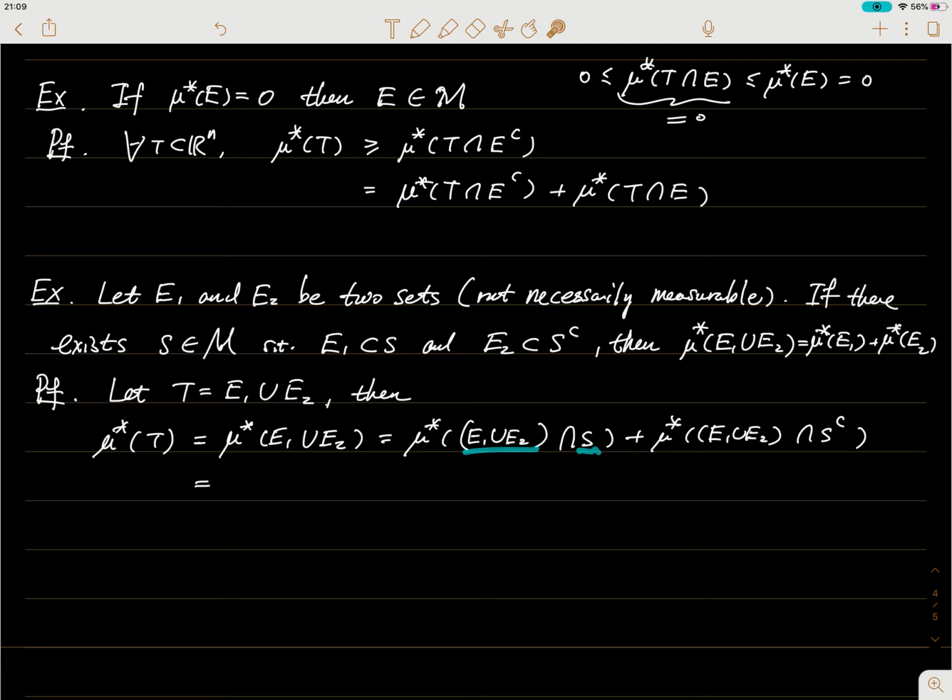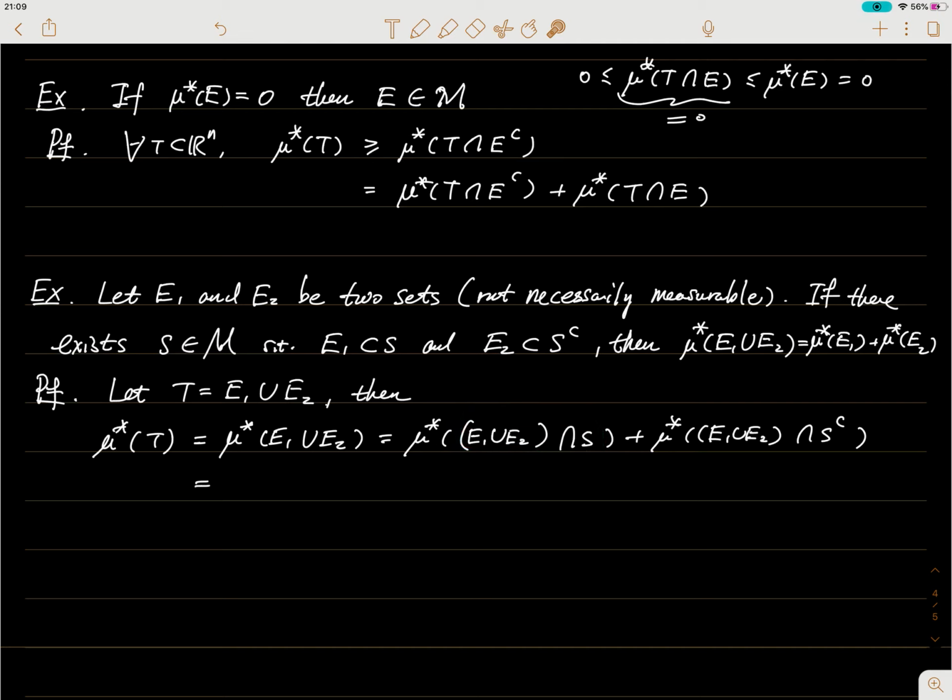So E2 cannot overlap with S, right? Because E2 is in the complement of S. So taking the intersection of the union with S, I can only take the effect of E1. So this whole term is just the intersection of E1 and S. And as I said, the reason is E2 is in S complement.